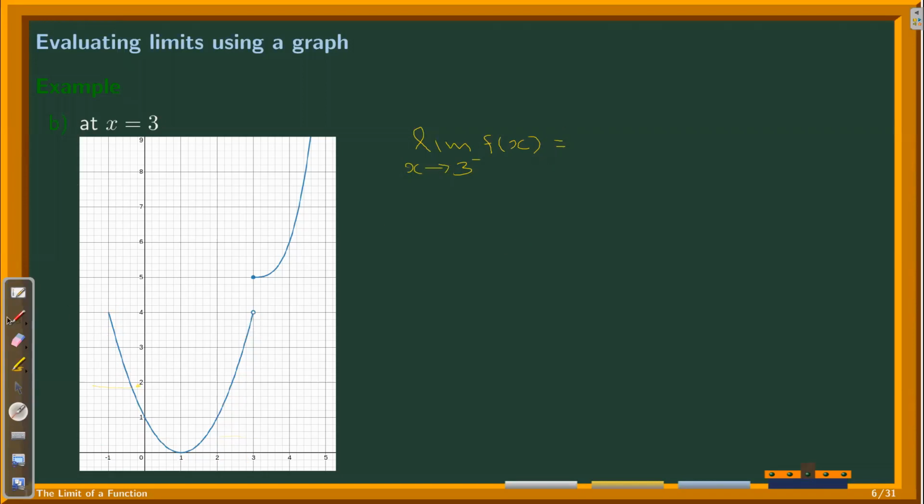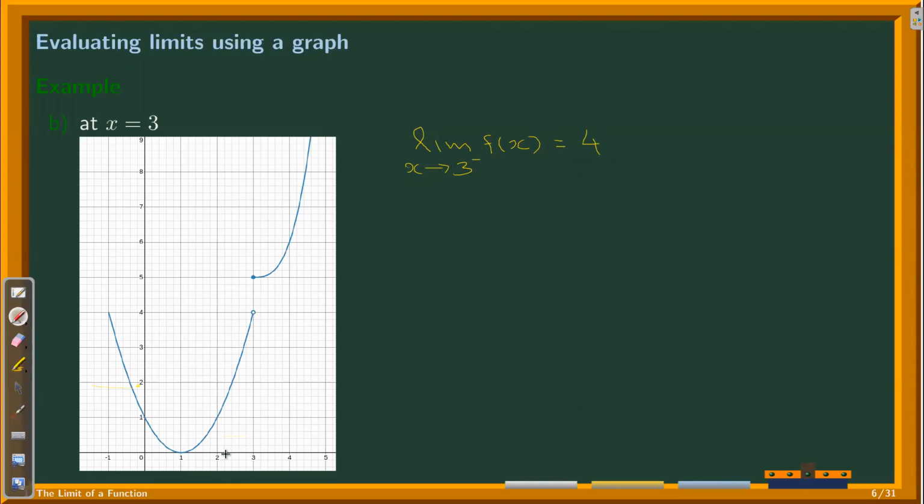The y value first goes down, but again goes up. So as I approach 3, this y value keeps getting closer and closer to 4.